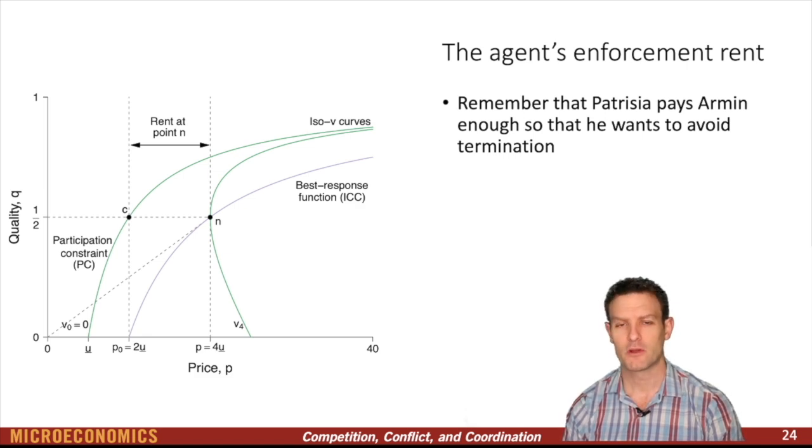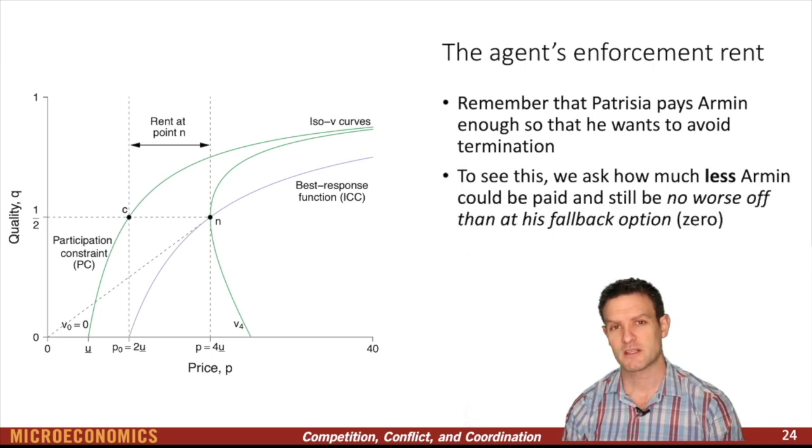At the Nash, we must remember that Patricia pays Armin enough so that he wants to avoid termination. What we then want to ask is how much less Armin could be paid and still be no worse off than at his fallback option. Okay, so here it's a hypothetical alternative, right?